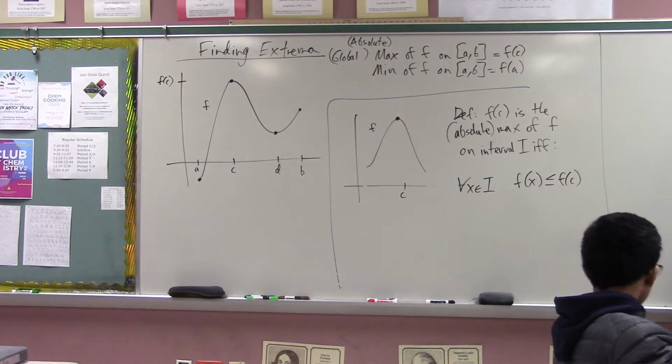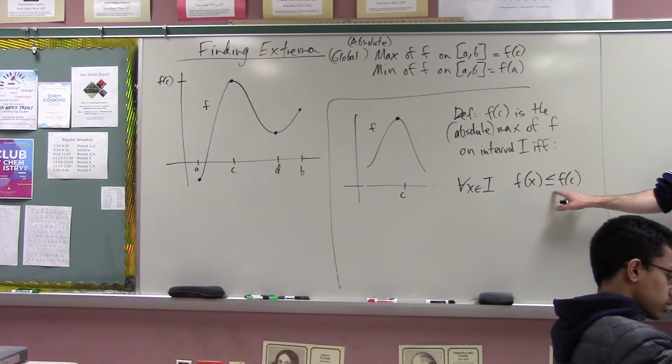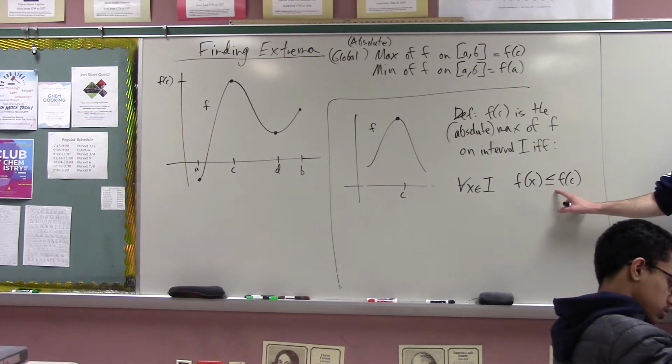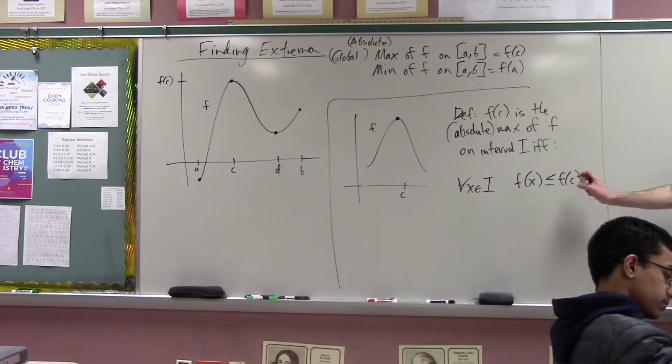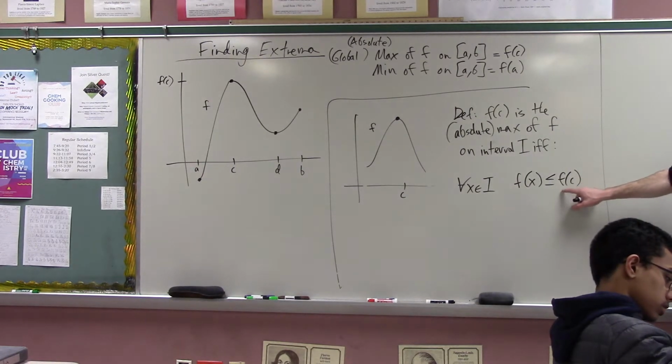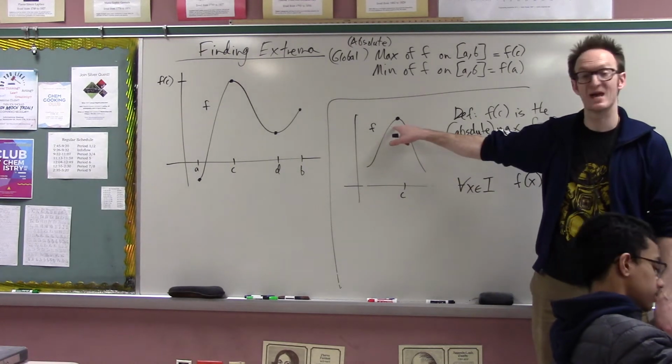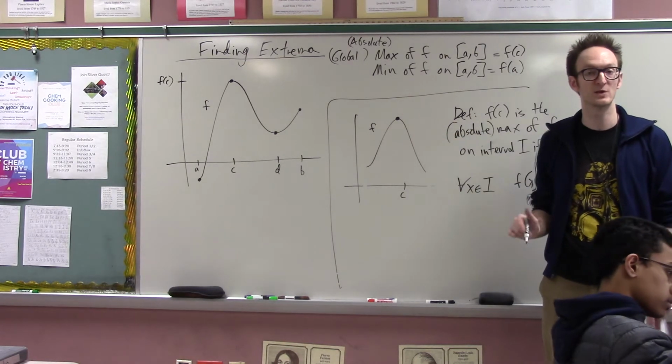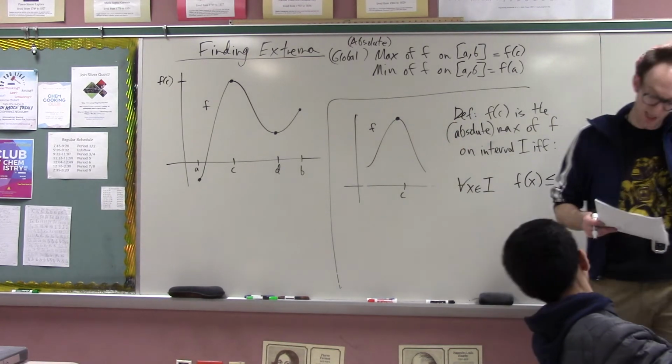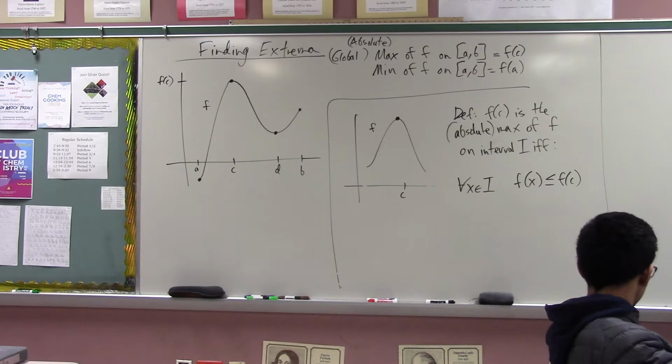Cool. And notice that I need to say less than or equal to, because c is itself one of the x values on that interval, right? So that's just the smoothest way to say it. Okay, good. So that is just like a pre-calc definition.